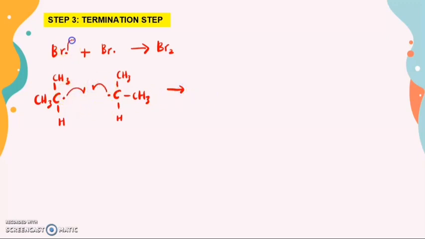The same goes for this electron, it will combine. So this carbon will combine with this carbon. So the free radicals become a neutral compound with 6 carbons.